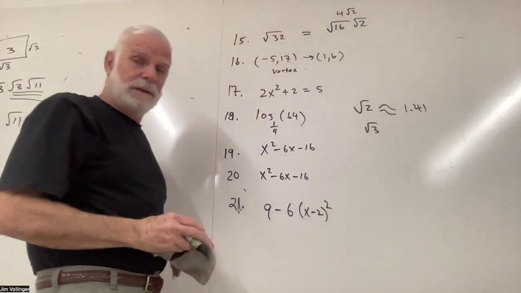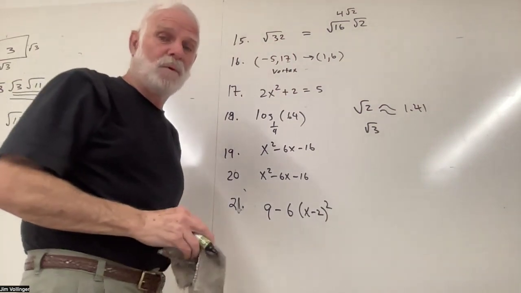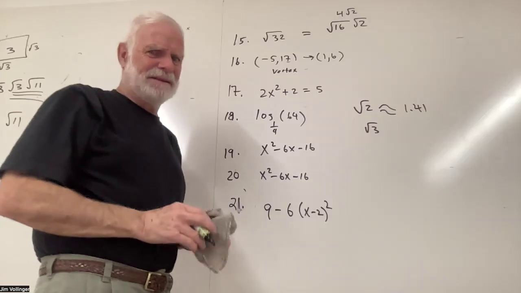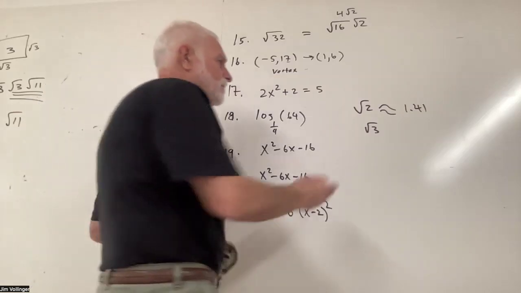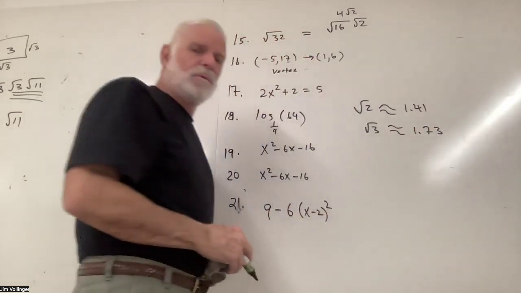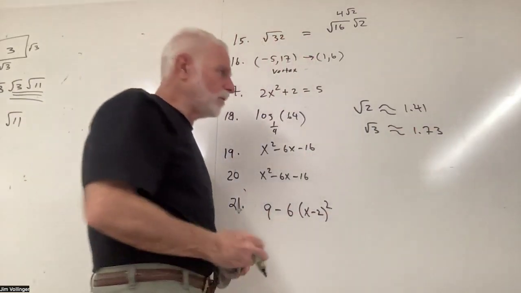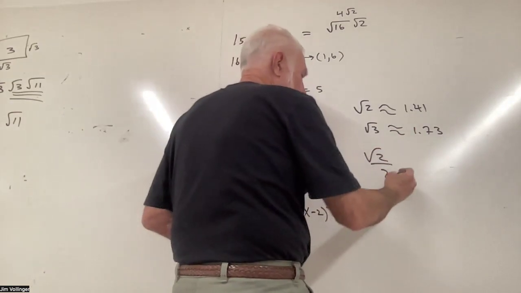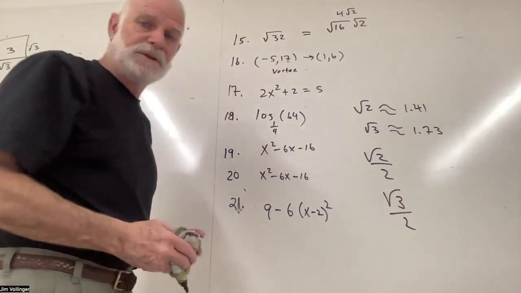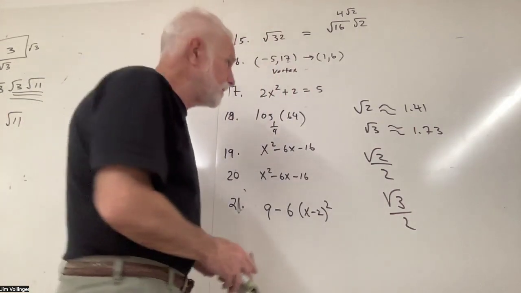Remember that? I see something other than 1.41. Yeah, I know what that means. And I know the square root of 3 in our class is 1.73. That's what we're going to work with. And why do I want you to know those? Because you are big time going to be working with these numbers in trigonometry. And if you don't have a feeling for size, you don't have a feeling for the calculation.